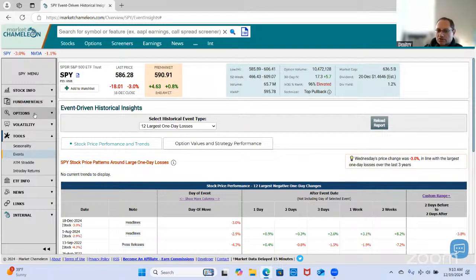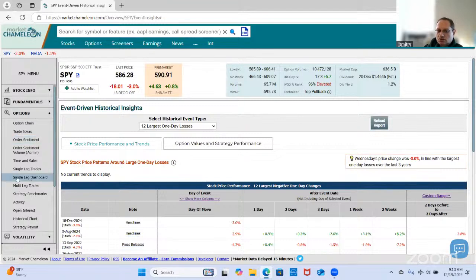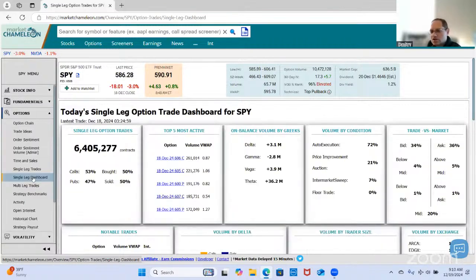So we're going to go under options, and let's use our single leg dashboard. On this single leg dashboard, we talked about it a couple times, we look at the option volume from the perspective of just single leg trades, buying call or put. It takes away the volume for the multi-leg trades, contingent trades, and gives us all these statistics.